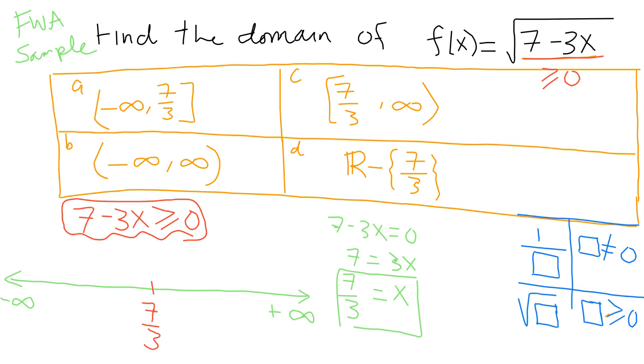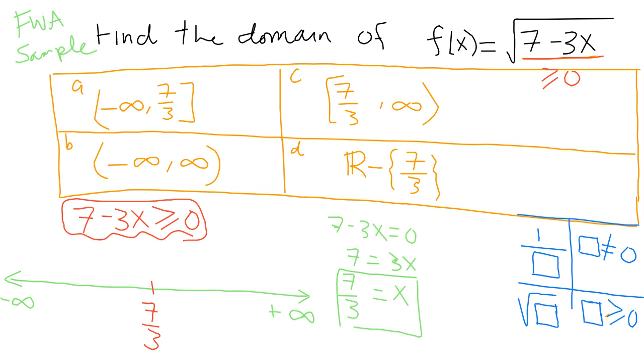Take a value to the right of 7 over 3 and a value to the left of 7 over 3. To the left of 7 over 3, what do we have? A negative number, and 0 is also on the left, all right?